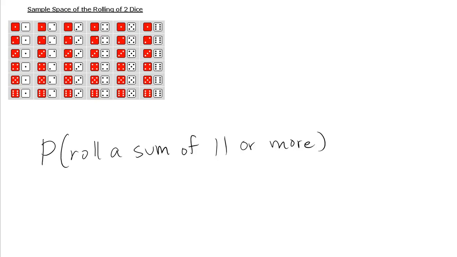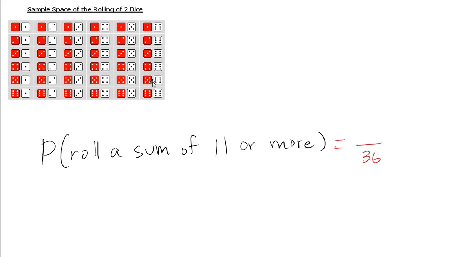Using the same experiment of rolling 2 dice, let's find the probability that you roll a sum of 11 or more. So you're playing some game, and in order to win, you have to roll an 11 or higher. Let's find the probability that you're going to win that game. We know that the denominator is going to be 36, because there are 36 outcomes in the sample space. How many of the outcomes represent our event of rolling an 11 or more?